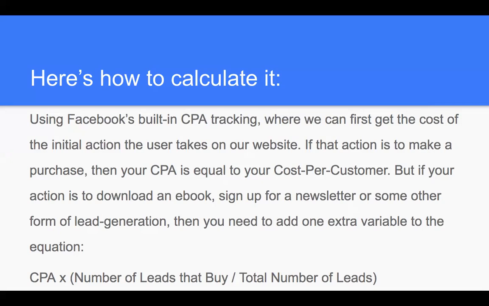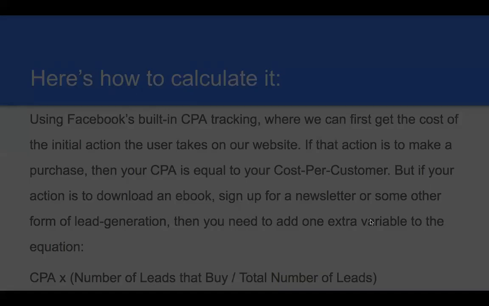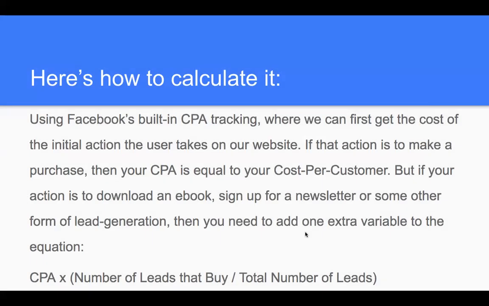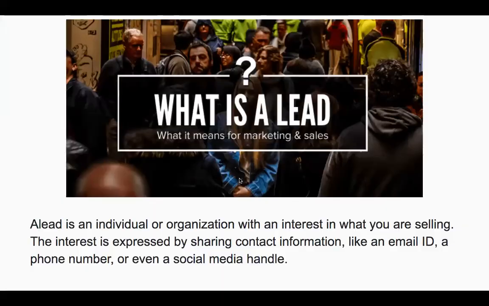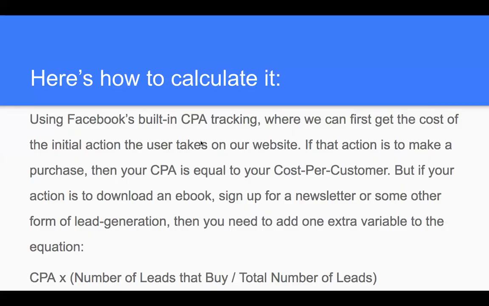If that action is to make a purchase, then your CPA is equal to your cost per customer. But if your action is to download an ebook, sign up for a newsletter, or some other lead generation, then you need to add extra variables to the equation. Let me see. Okay, it's like this. Cost per action.